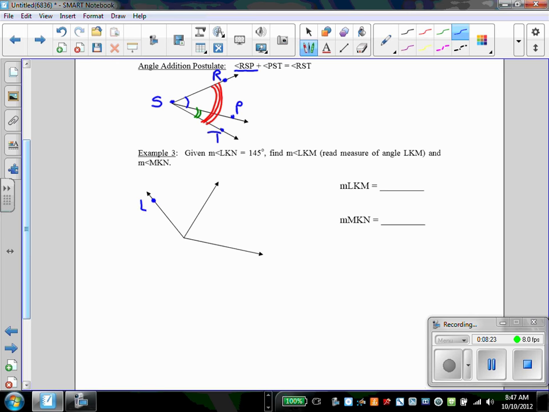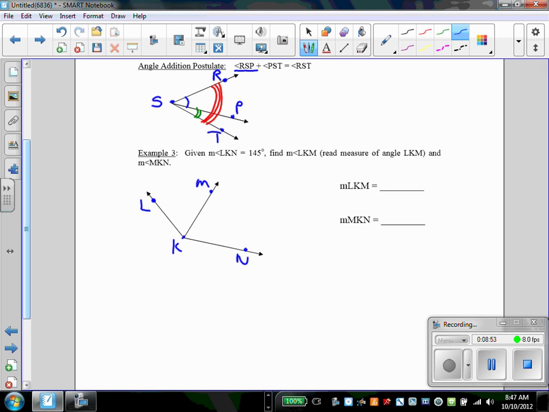This right here is L. This right here is K. This up here is M, and this right here is N. And it says, given LKN, so we're talking about the big angle, is 145 degrees. Find the measure of LKM, which if you're having trouble reading it, I'm giving a hint there in parentheses. You say it's read as measure of angle LKM. And M, which again stands for measure of angle MKN.